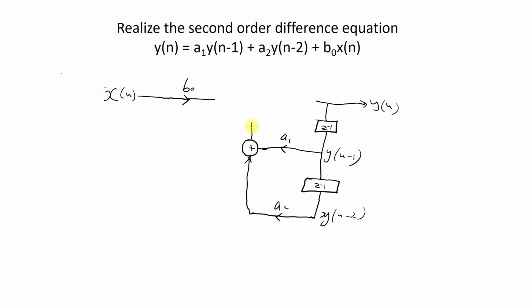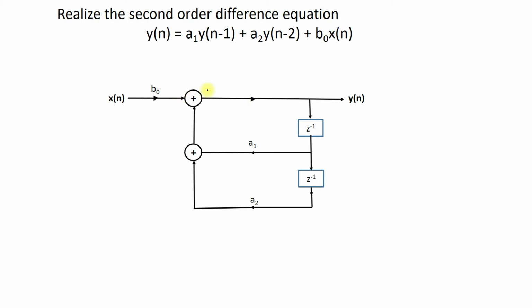So its output will be a1 y of n minus 1 plus a2 y of n minus 2. Now the resultant sum is obtained by summing the input and the output. Finally, we get the realization of the second order system. Here is the final result of the realization of the second order system.